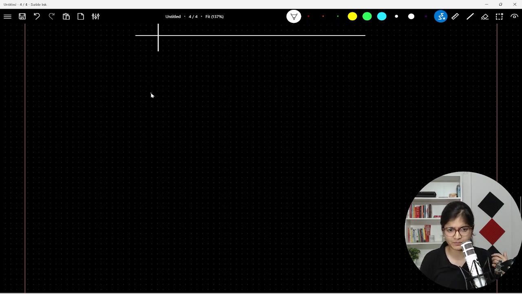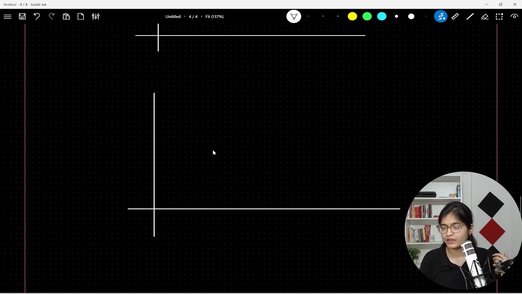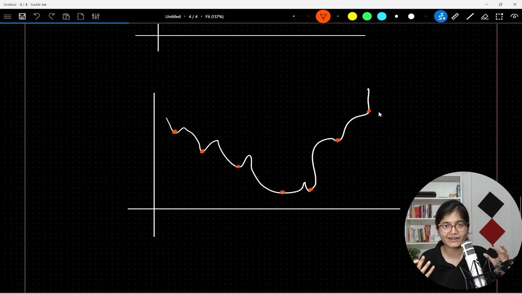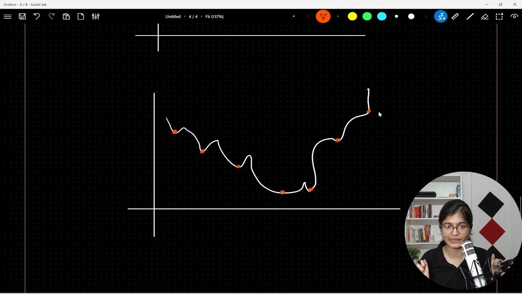Let me try to show you again. Let's say we have a curve like this. In this kind of curve, we have so many local minima, like this, like this, like this. This is what I want to avoid. This is where my model will have difficulty getting the optimized value, the minimum error rate, the minimum cost function value.